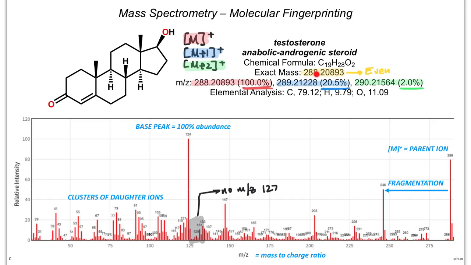From that, we can calculate a mass, 288. But if we're just given this data, what is the data telling us if we didn't know the structure or the molecular formula? The parent ion, with this nomenclature M+, where the plus means it's a cation that's detected, is at a mass of 288.